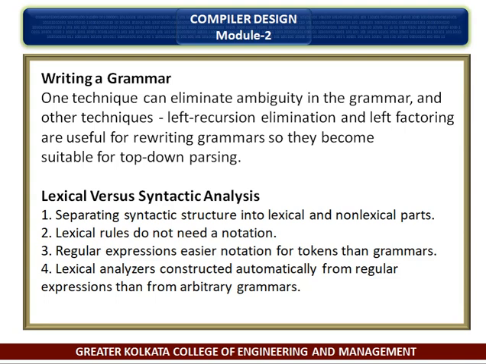Now, one technique can eliminate ambiguity in the grammar, and other techniques, left recursion elimination and left factoring, are useful for rewriting grammars so they become suitable for top-down parsing.